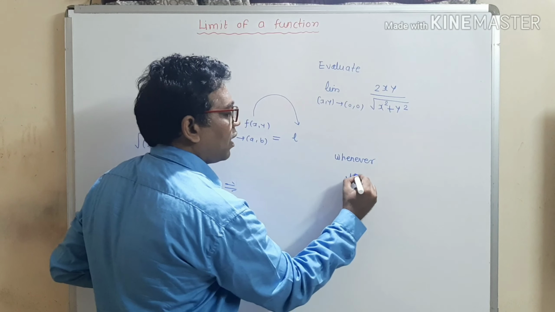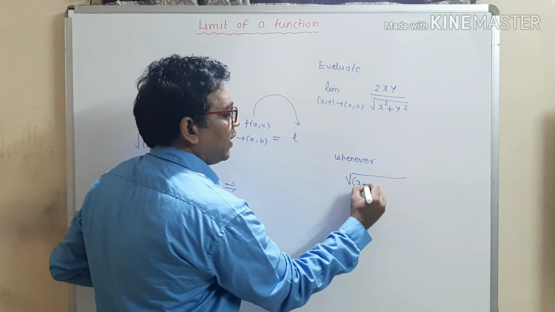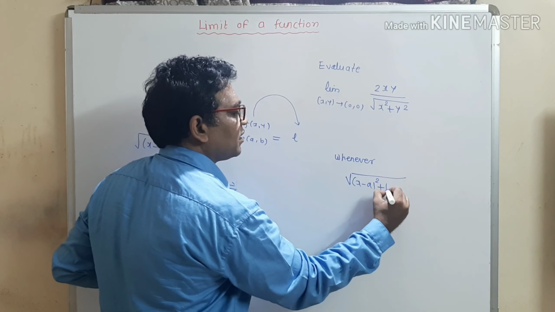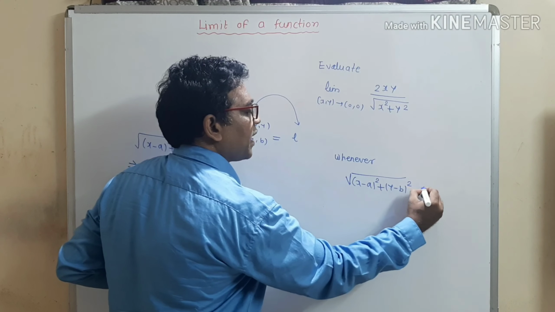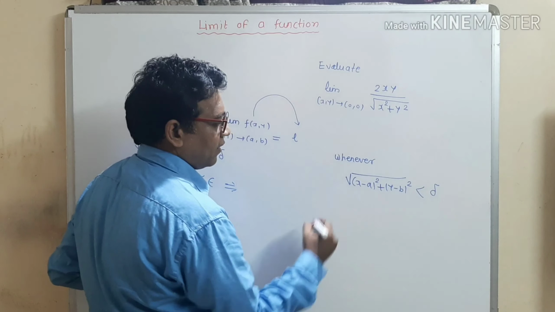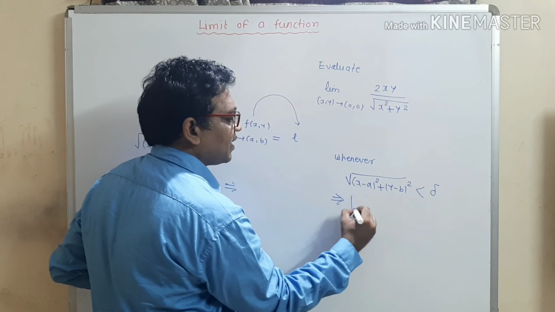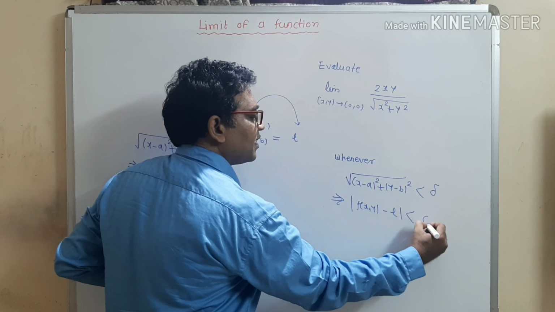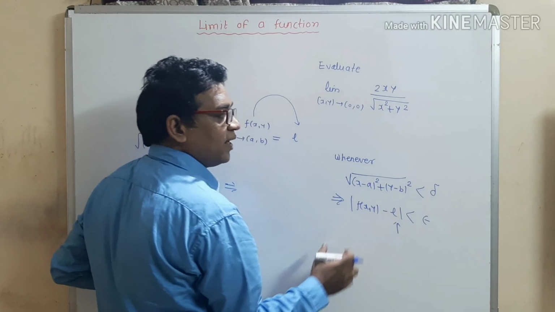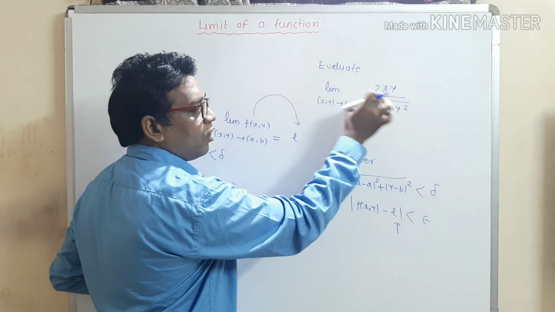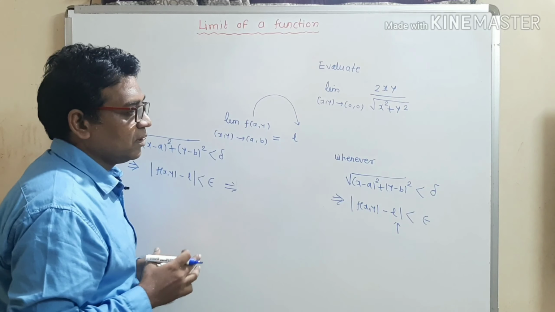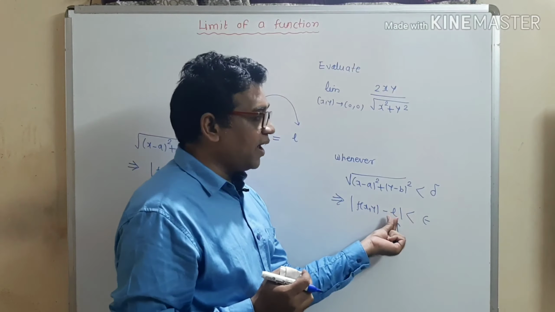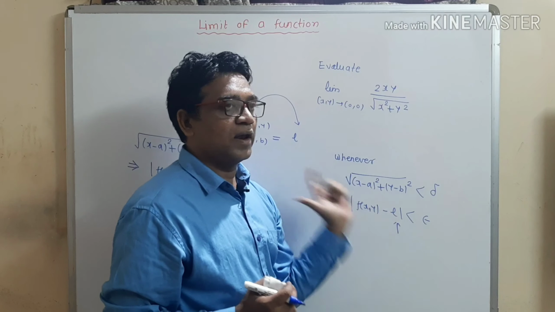Whenever under root (x minus a) bracket square plus (y minus b) bracket square is less than delta implies that mod f(x, y) minus L is less than epsilon, then this number L is called the limit of this particular function. We want to find out this number L, that is called the limit.